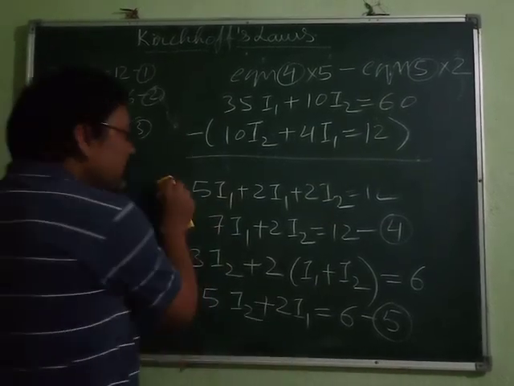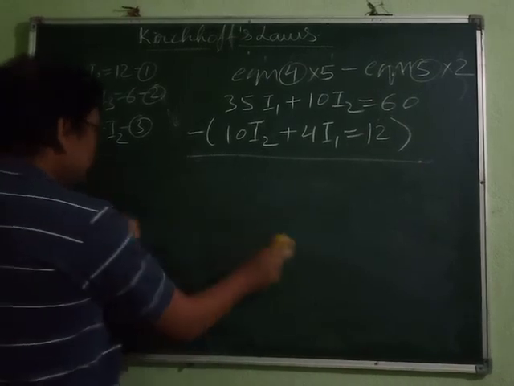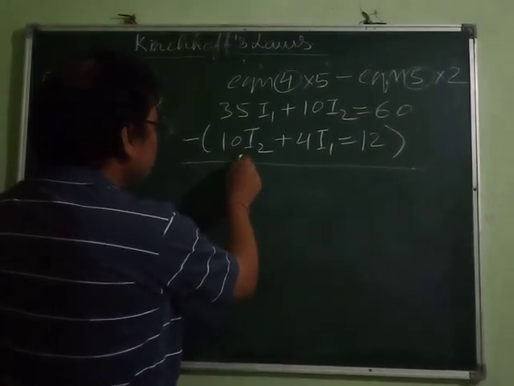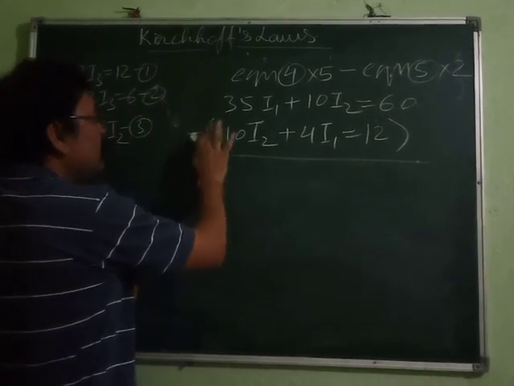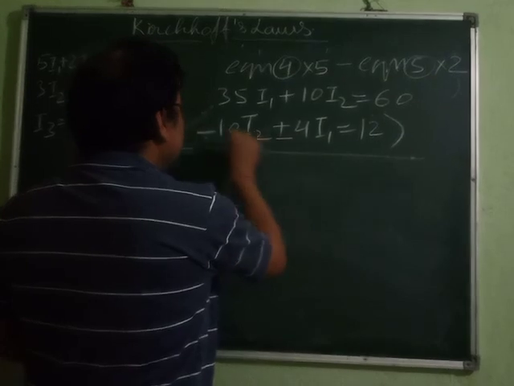Now we need to subtract it. Very easily we can do it. See, this will be negative I2. If we remove this bracket, what will we get? Minus here, and here also minus sign.